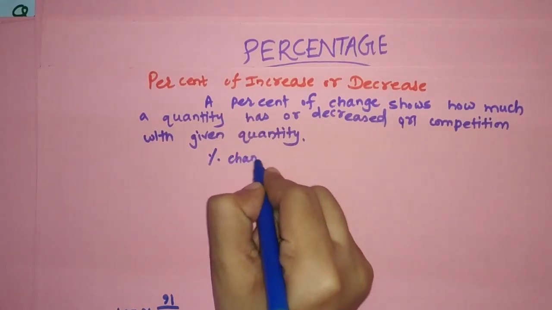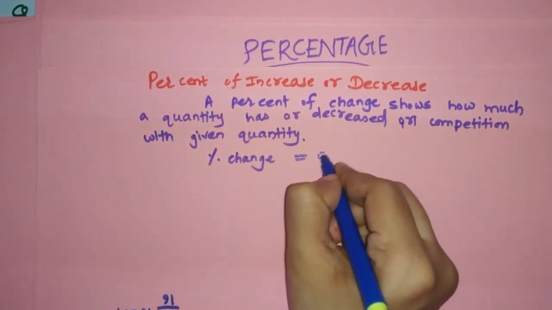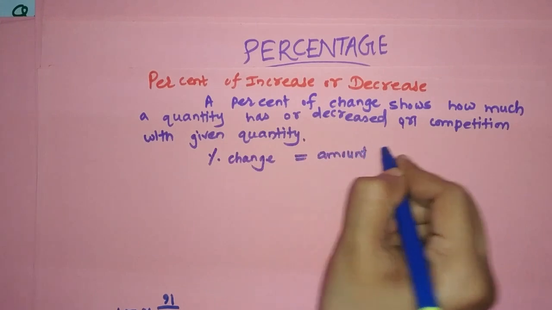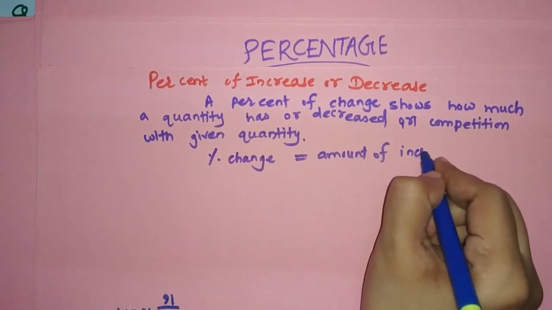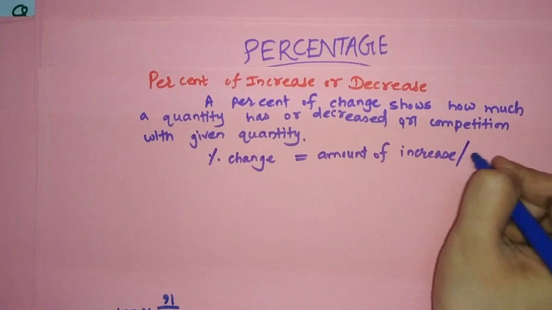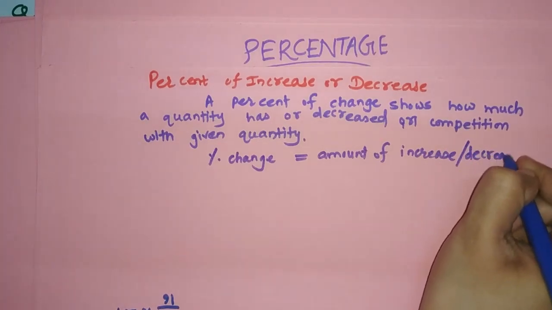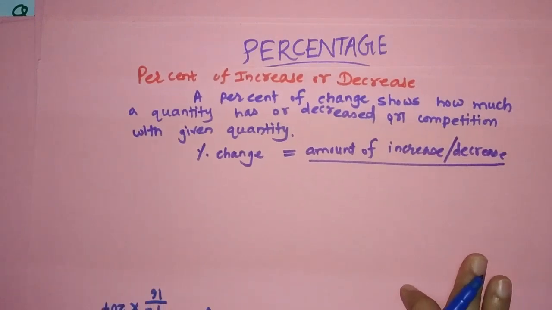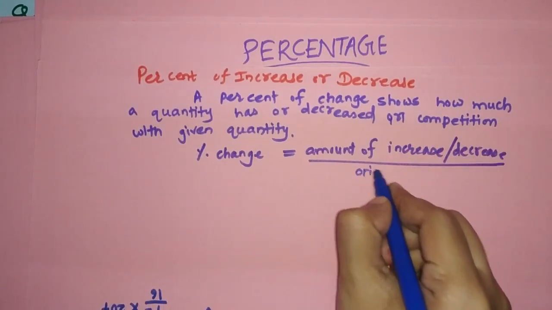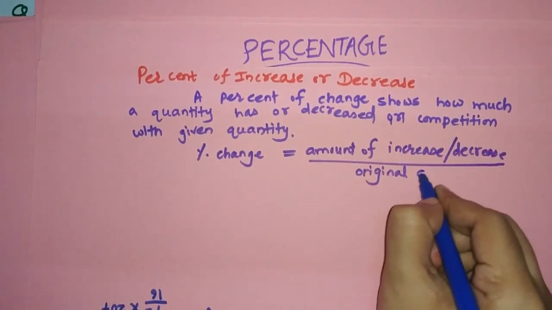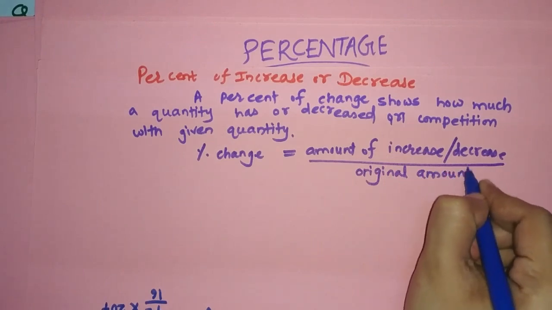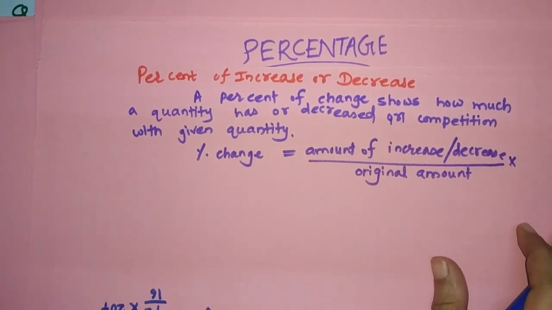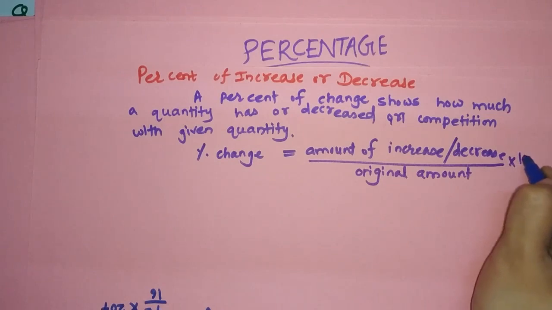Percentage change is equal to the amount of increase, or the same you can write the amount of decrease, divided by the original amount. Whatever the original amount is, you write it in the denominator, and in order to find the percentage you just multiply it by 100%.